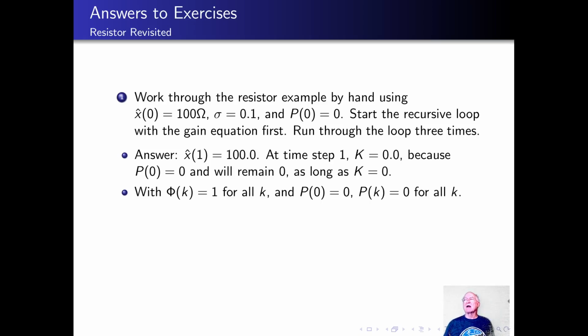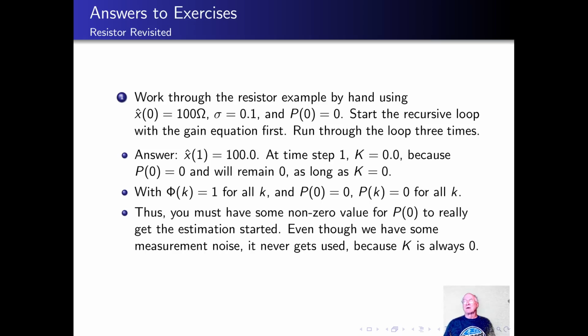It's always constant. So we never get any expansion of uncertainty due to phi, because phi is 1. So you really need to have some non-zero value for the initial covariance in order to get the estimation started. Otherwise, you're going to have a gain of 0 every time.